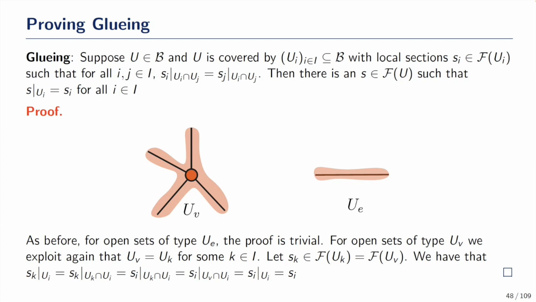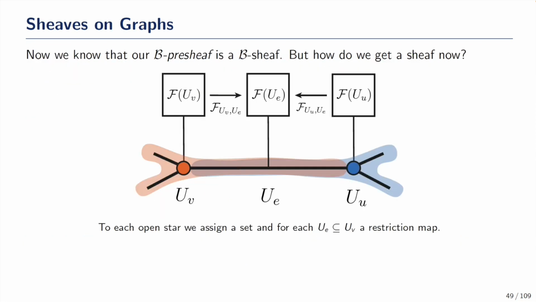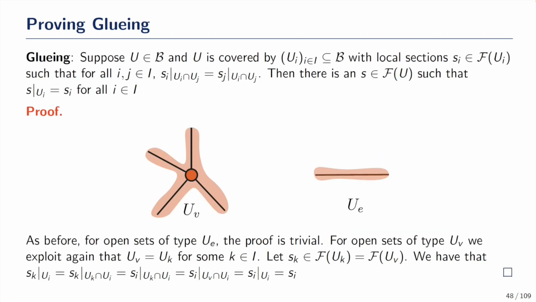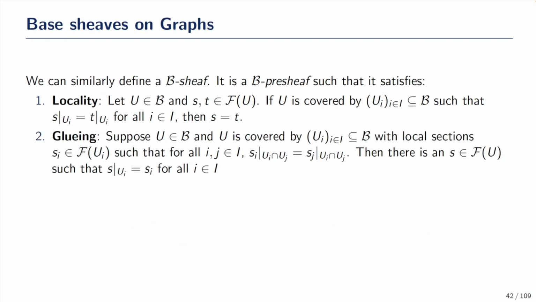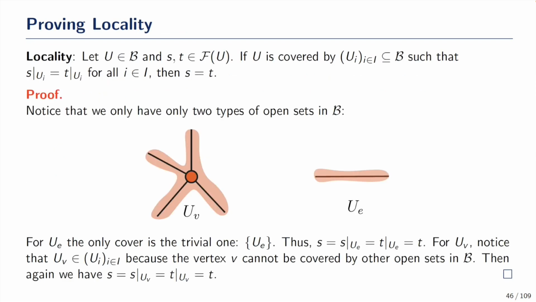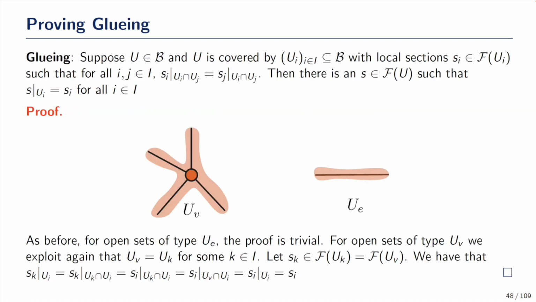Okay, now let's look at this kind of set again. And again, we use the fact that for some K in this index set for our cover, UV equals UK. So then we can just pick a section in UK, which is the same as UV, right? So we just pick a section, and now let's check.